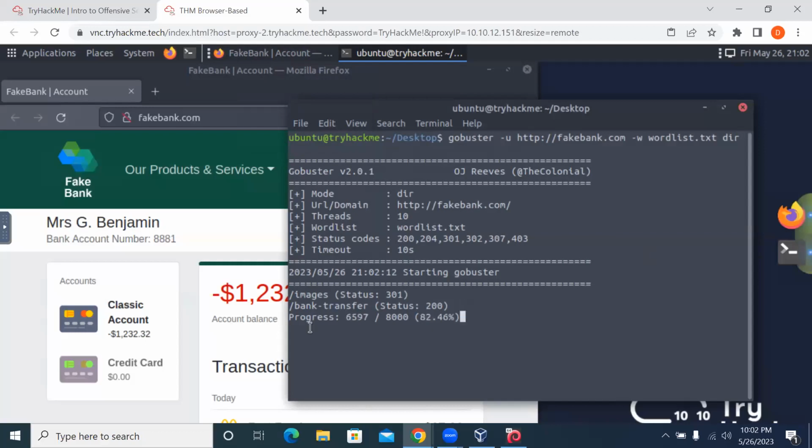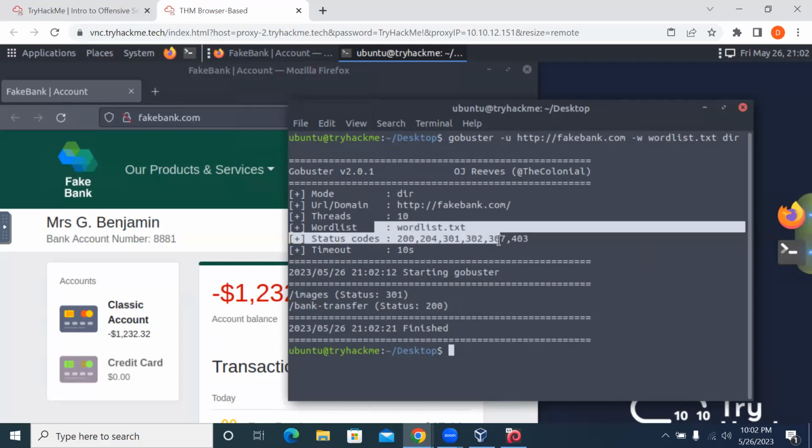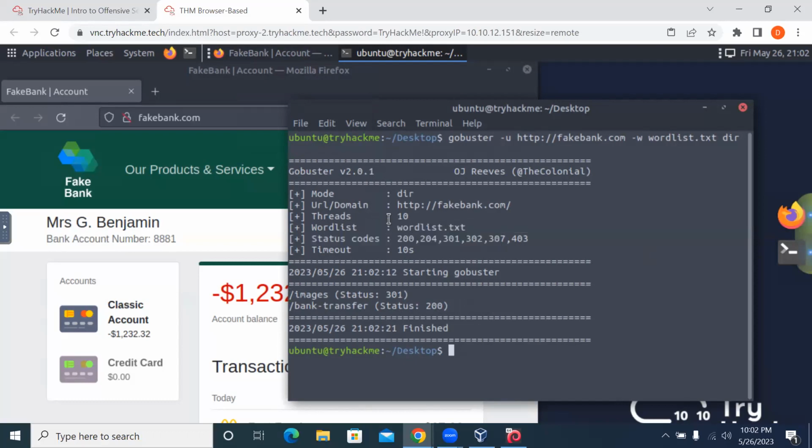So from the ones we have seen, we notice that okay, there's this part /image. There's also this part /bank-transfer, right? So these are several pages on the website. It's even giving us other information, the status code, the threads and all these things, right?